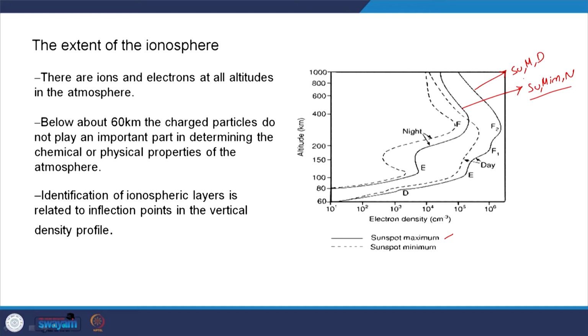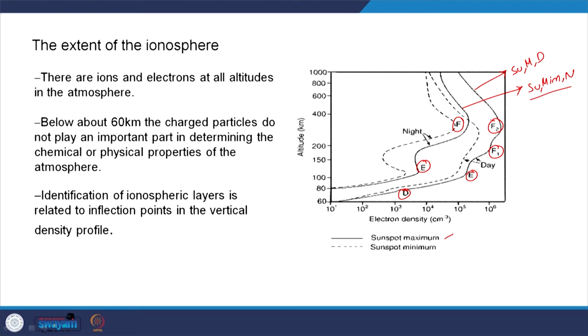Okay, sunspot minima. So if you want to classify day night variations, in the daytime the electron densities will be larger, of course, but interestingly during the night time the F2 and F1 will just be called the F layer. In the daytime you have the existence of all these layers D, E, F1 and F2.